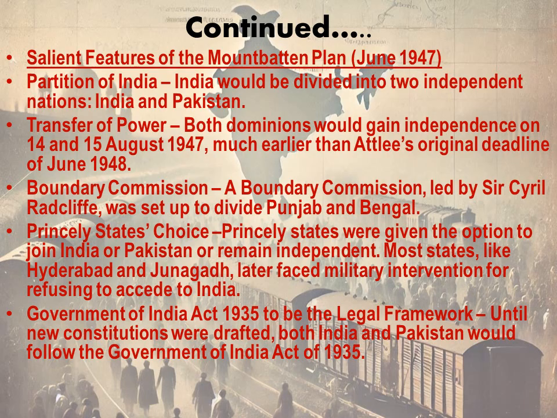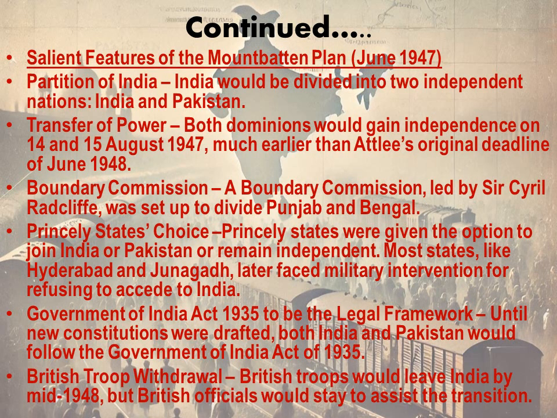Until new constitutions were drafted, both India and Pakistan would follow the Government of India Act of 1935. British troop withdrawal. British troops would leave India by mid 1948, but British officials would stay to assist their transition.